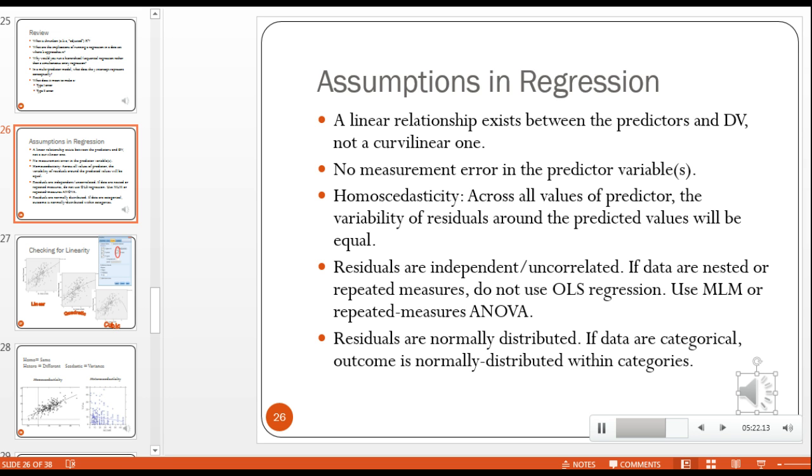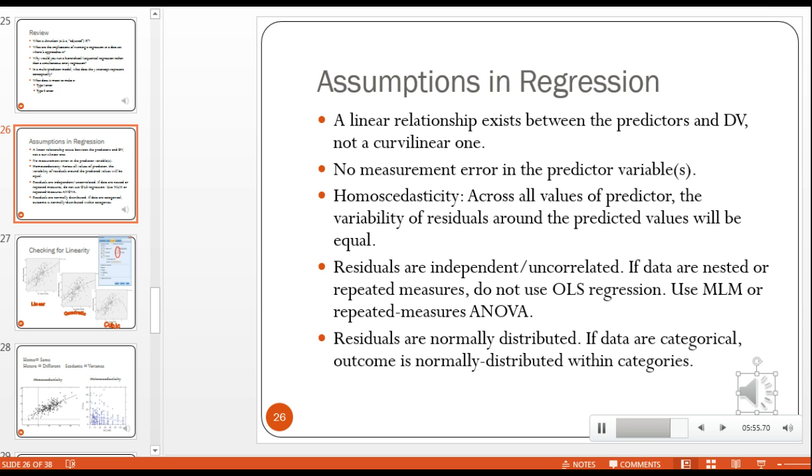Sometimes data is analyzed by groups. For example, we could have nested data where we have teams and organizations, and a lot of times the members of the same team share attributes with one another more so than they share those attributes with members of a different team. So individuals nested within teams or within departments in an organization is an example of nested data, and nested data often contains correlated errors.